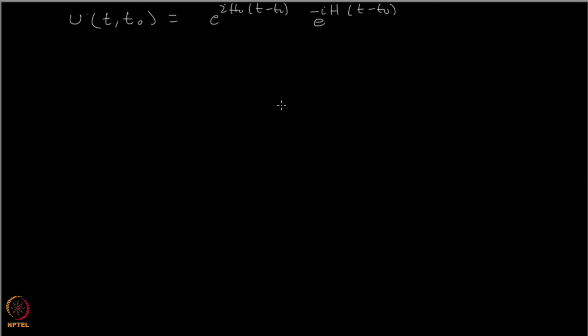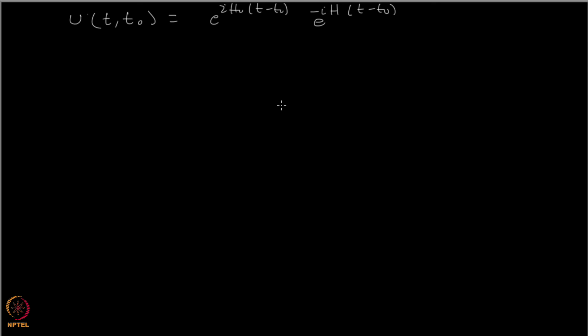Now what I'm going to do is find a differential equation that the U satisfies. Okay, and I will provide a boundary condition to solve for U in a different way. But as you will see, when I write down the differential equation, I will have something nice.